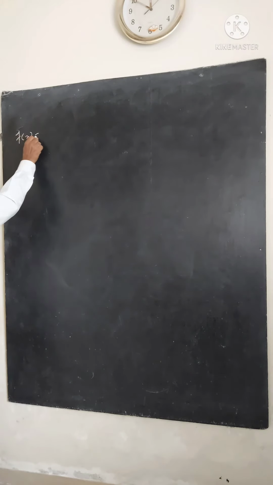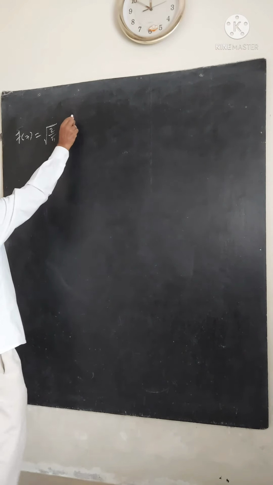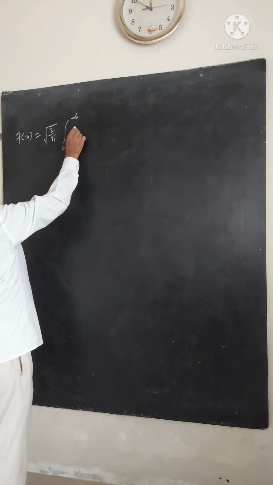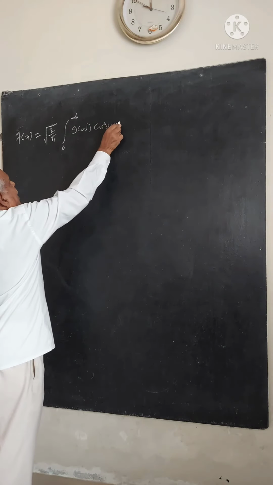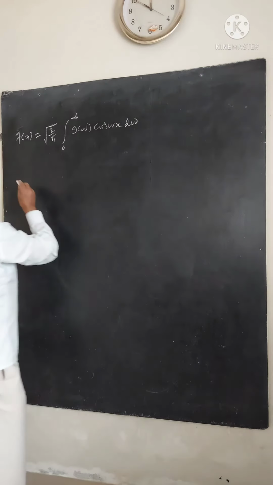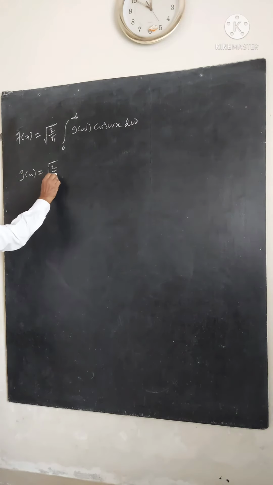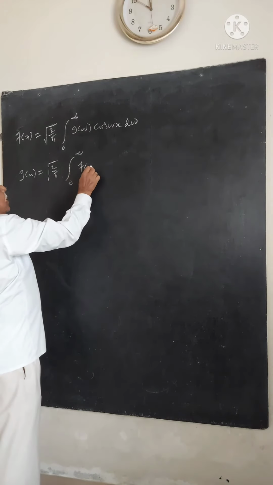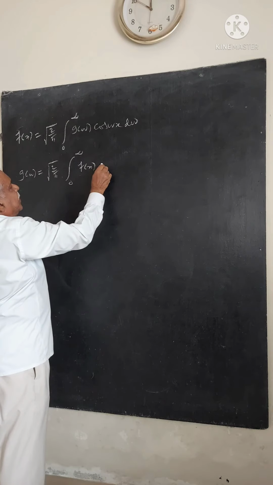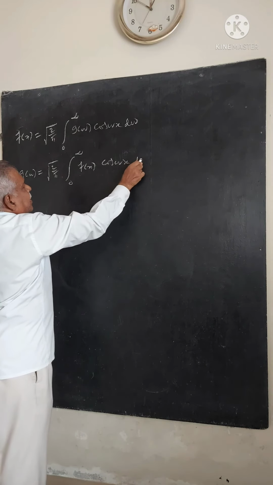We know the formula: f of x equals root of 2 by pi, integral 0 to infinity, G of omega cos omega x d omega, where G of omega, which is the Fourier cosine transform, equals root of 2 by pi, integral 0 to infinity, f of x cos omega x dx.